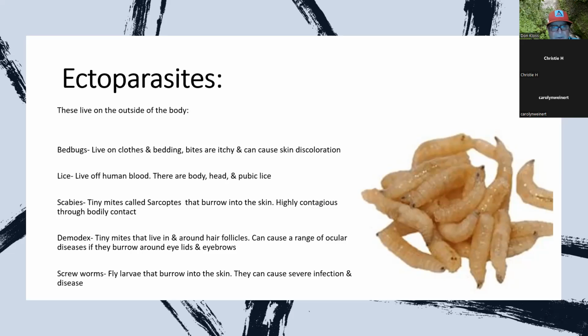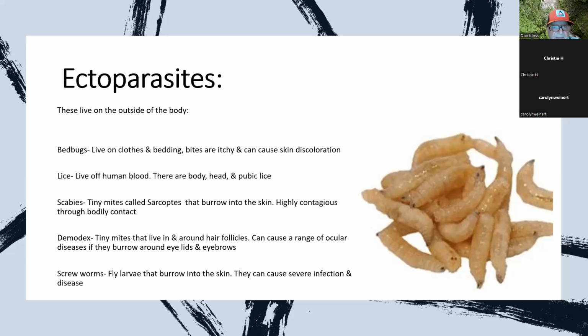You might not even be able to see these. They burrow into the skin, and they are highly contagious through bodily contact. That's why if a child is found to have this at school, they are sent home and quarantined for a certain amount of time.